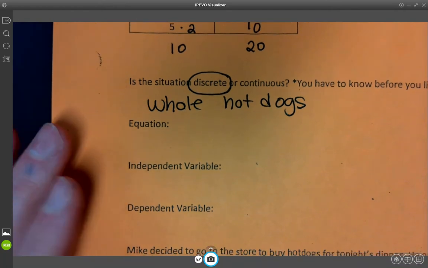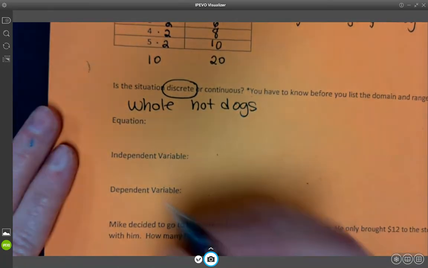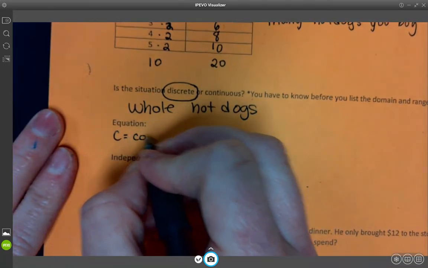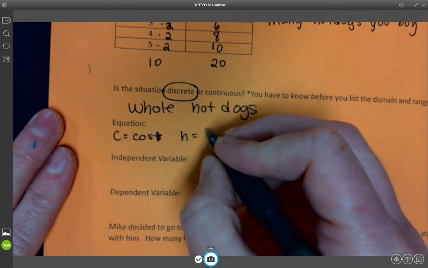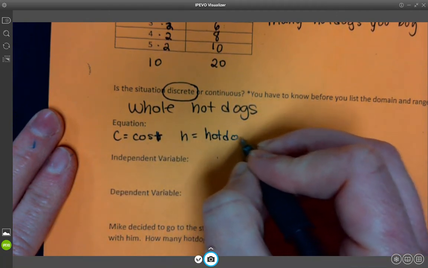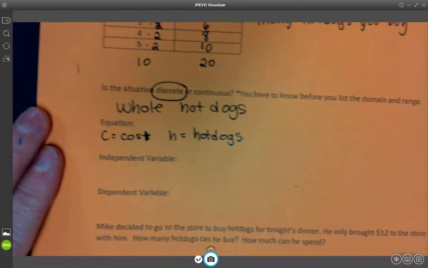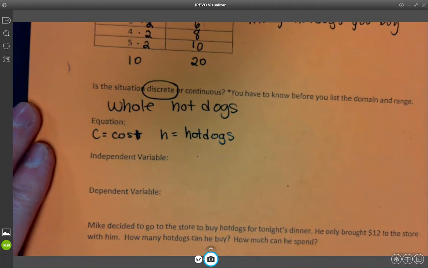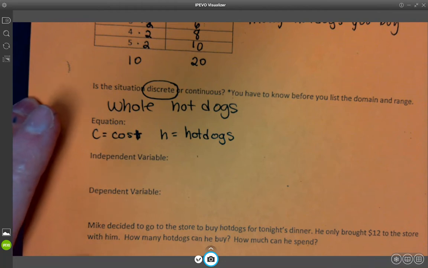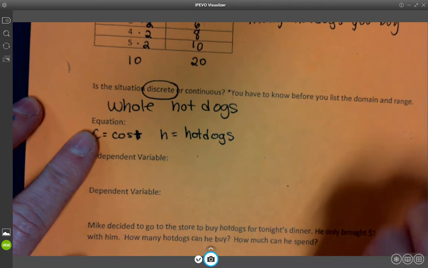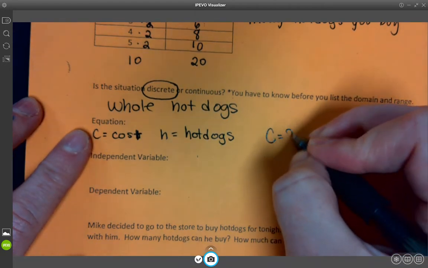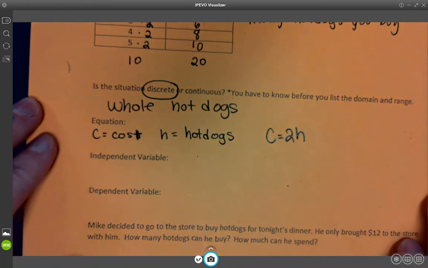So then we need to come up with an equation using our variables. C is our cost, and H is our hot dogs. So the total cost is found by multiplying how many hot dogs you buy by 2. So C equals 2H.